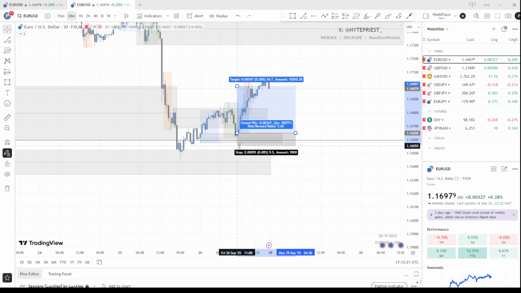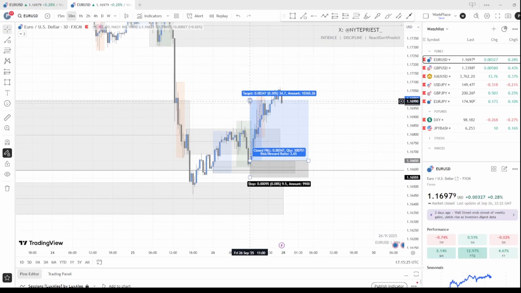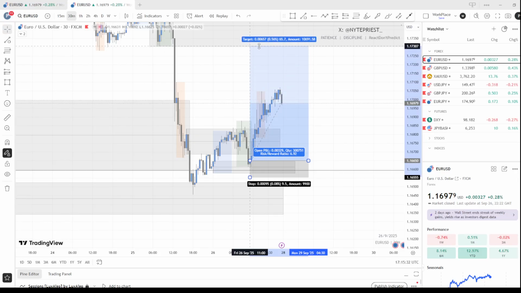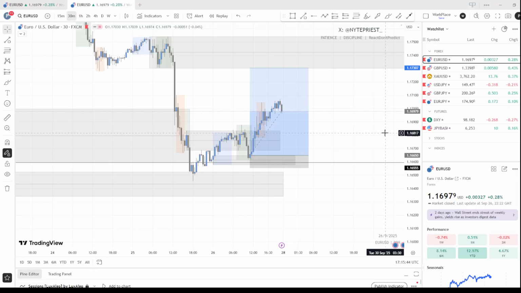I entered on this order block and took some profits here for the 4.16 risk to reward. I was targeting this as my full TP, but I took the full TP here because of the weekend. I don't hold trades to the weekend.